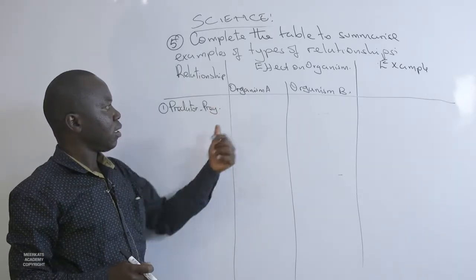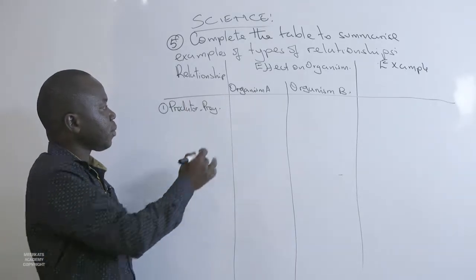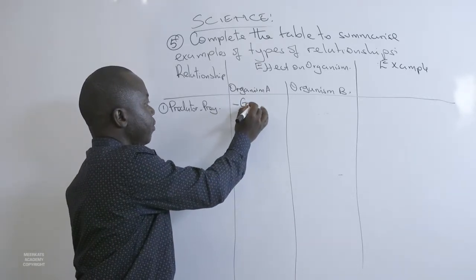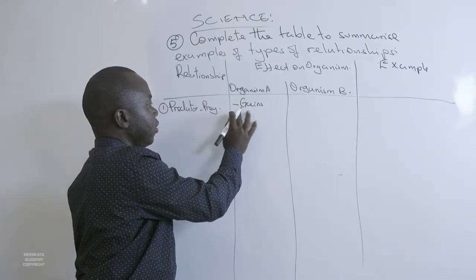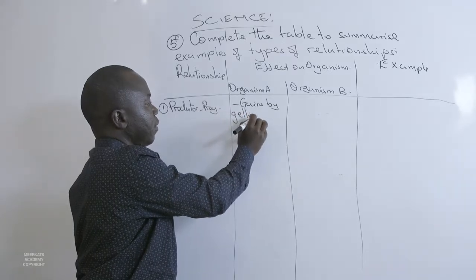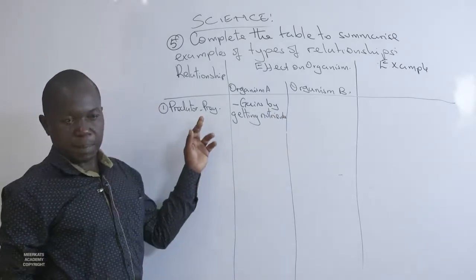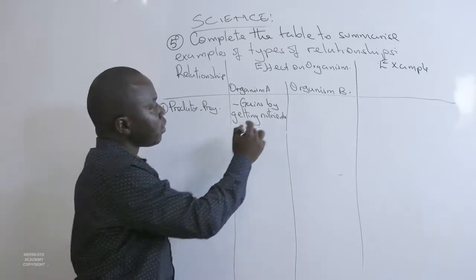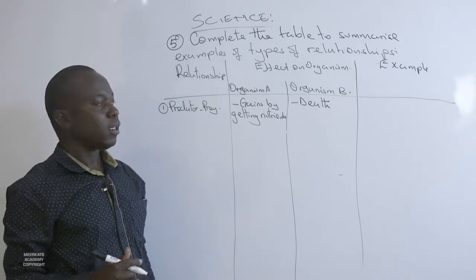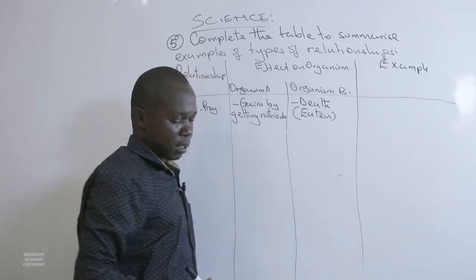So how will the predator gain in this relationship? We already know that it gains by getting nutrients. But the prey is going to lose: the effect is death of organism B, or we can say being eaten.